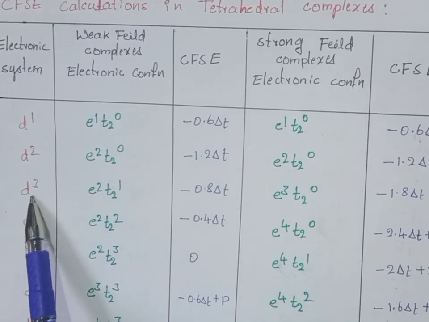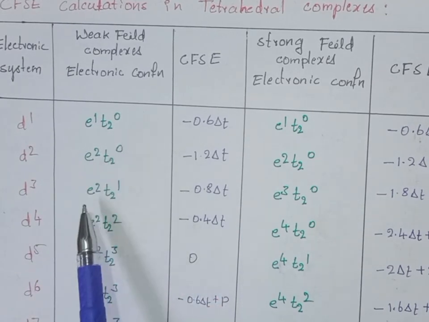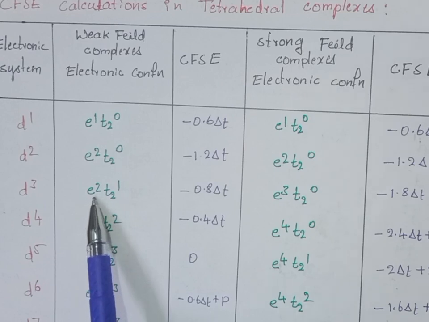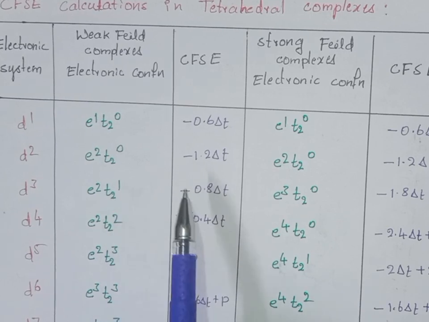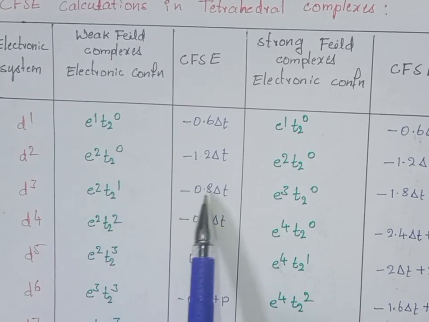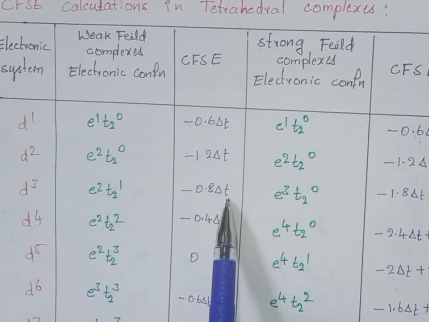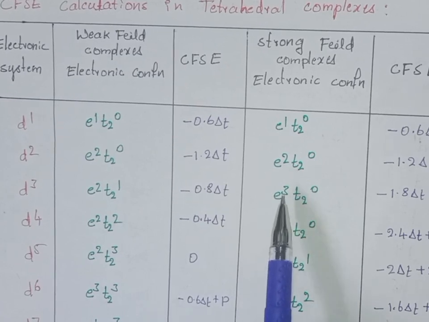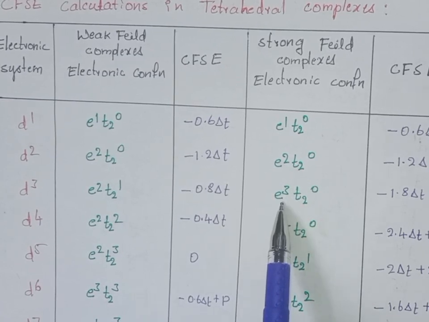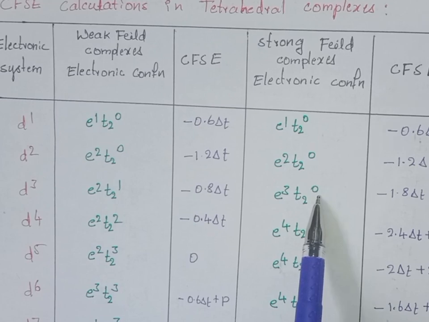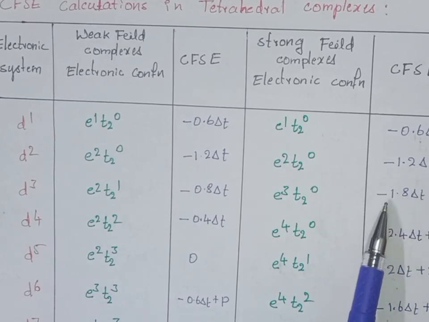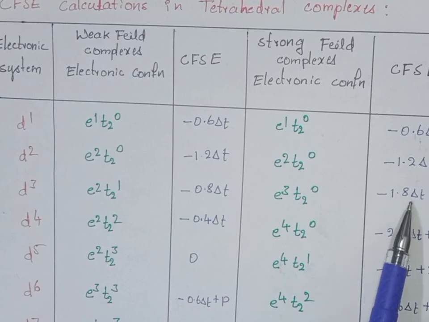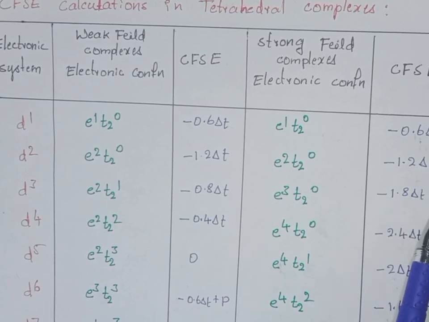For d3 configuration, for a weak field complex, the electron configuration is e2 t2^1. Calculated CFSE is minus 0.8 Δt. For a strong field complex, the pairing will take place. Therefore, e3 t2^0 will be the electron configuration and the CFSE is minus 1.8 Δt plus 1 electron pair into pairing energy.